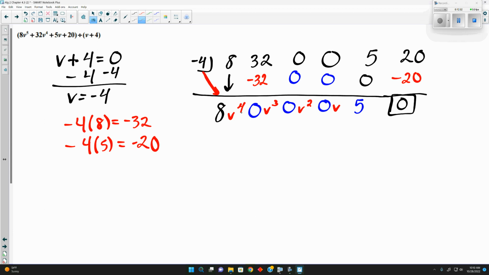So then it'd just be 8 plus 8v to the fourth plus, because we have plus, plus, plus, plus, because that's 0, that's 0, that's 0. So all we have left is these. That's it.